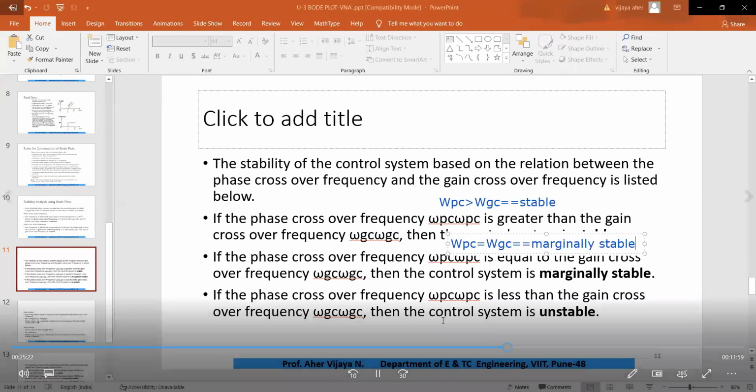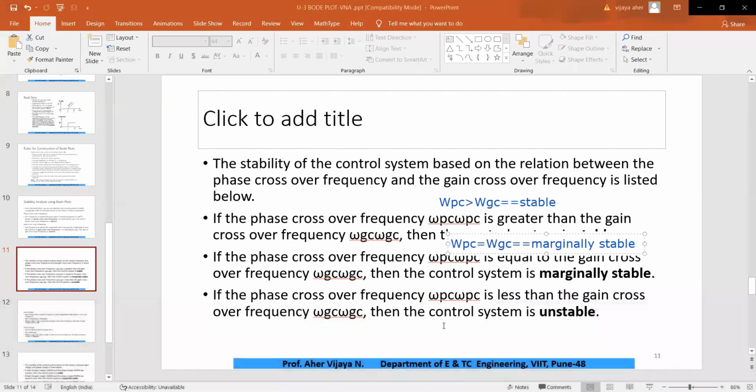Now what is the third condition? When the value of the phase crossover frequency is less than the gain crossover frequency, at that time your control system is unstable in nature. So the third condition you have to remember is that the phase crossover frequency is less than the gain crossover frequency. At that time your control system is unstable.